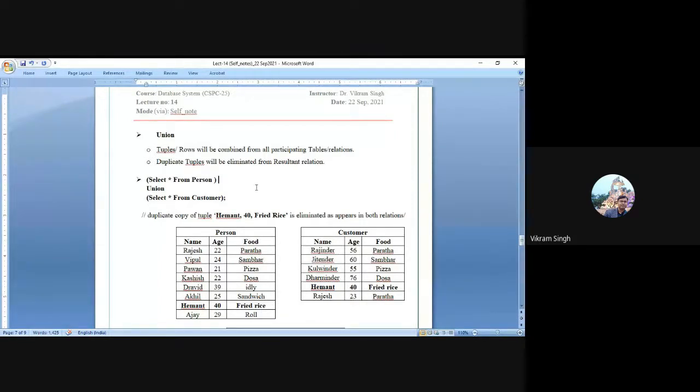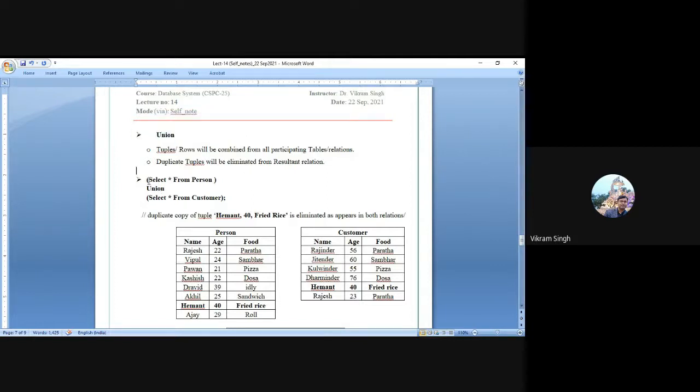In many cases, in the future queries which we will be discussing, it is required to perform some sort of union, or maybe the combination of creating the aggregate set of the tuples. So union is the operator which you might have some familiarity with. It is required to combine two similar sets of values, right?